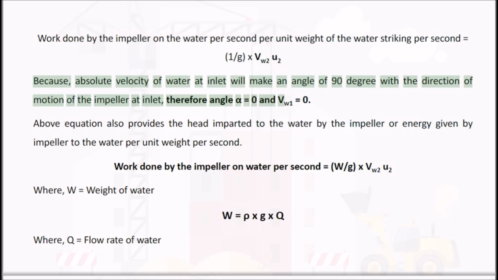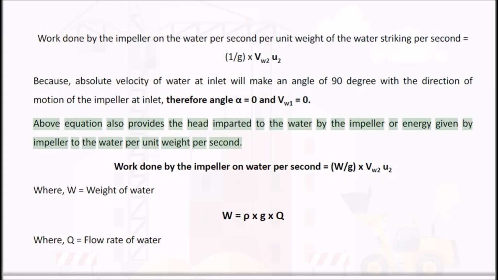Because absolute velocity of water at inlet will make an angle of 90 degrees with the direction of motion of the impeller at inlet, therefore angle alpha equals 0 and V_W1 equals 0. Above equation also provides the head imparted to the water by the impeller, or energy given by impeller to the water per unit weight per second.